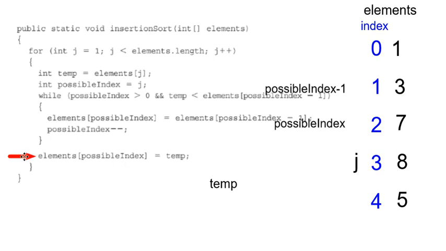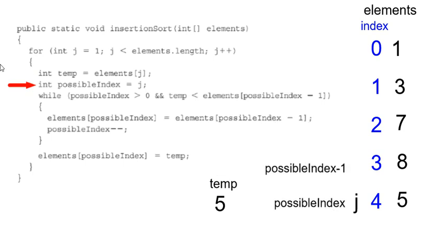All right, I think we just have one more round of this. J comes down to position 4. My temp is this number 5, so I'm going to clone that over here. And then my possible index comes right down here to J.